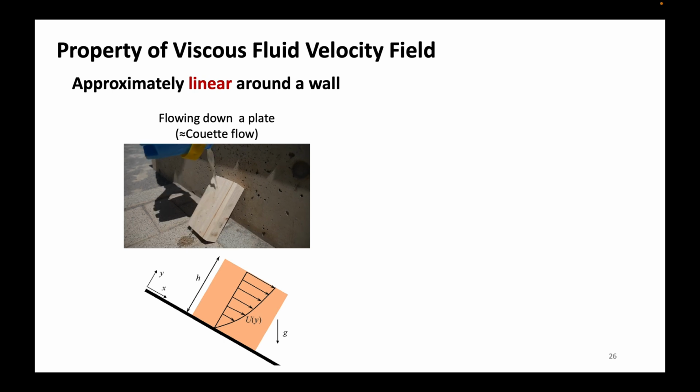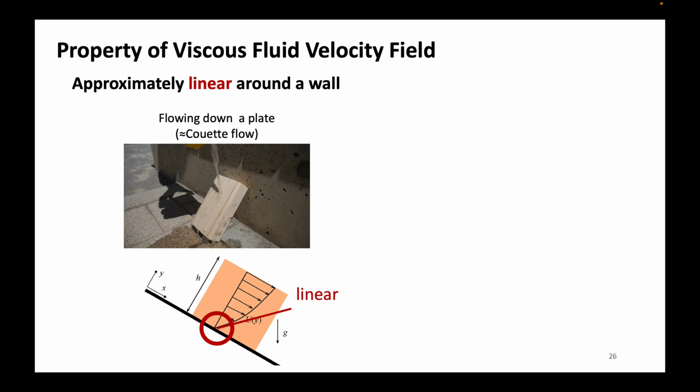Before showing you the comparison of the interpolation quality, let me give you the desired property of viscous fluid with non-slip boundary condition. The first case is fluid flowing down on a plate. It is known that the Navier-Stokes equation takes quadratic profile, especially the velocity changes linearly around the wall.